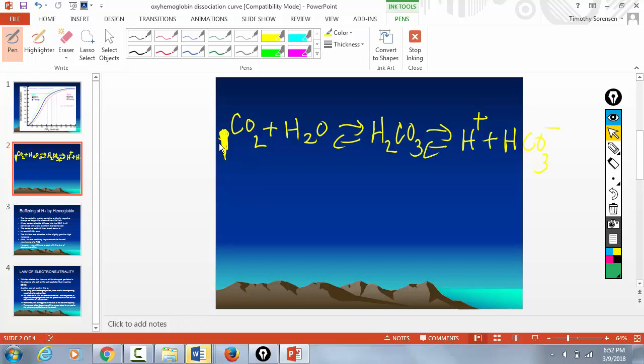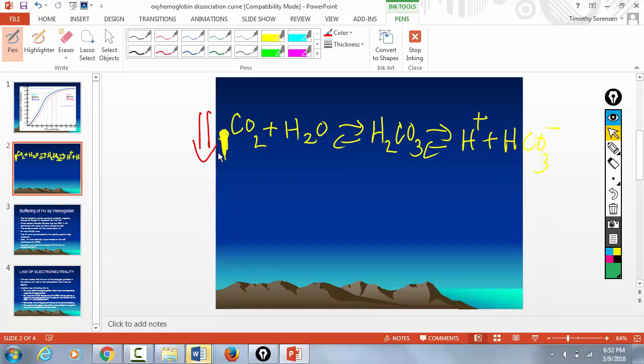What's going to happen to the amount of CO2 in the blood? I'll say it again. If you're blowing off more CO2 than normal, the CO2 goes down. Tell me you got that.